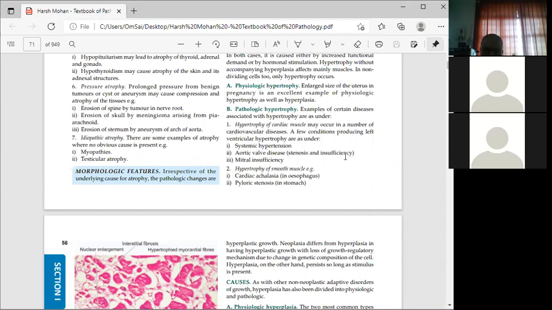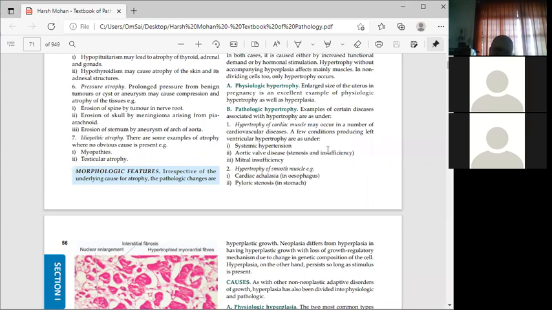A few conditions producing left ventricular hypertrophy are as under. In all these conditions, systemic hypertension, aortic valve disease, and mitral insufficiency, what occurs? Left ventricular hypertrophy. The left ventricle is connected to the aorta; from the aorta the blood goes to the aortic arch, and from there it spreads throughout the body.